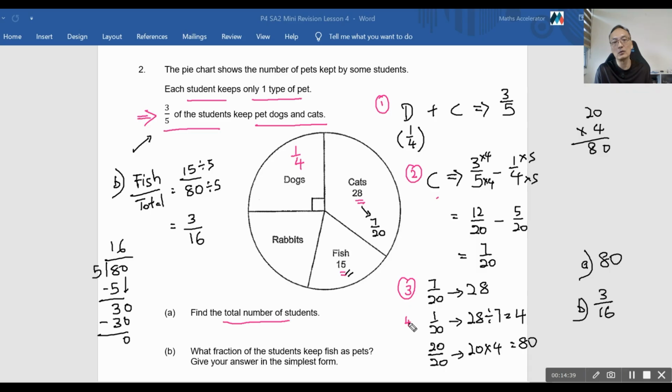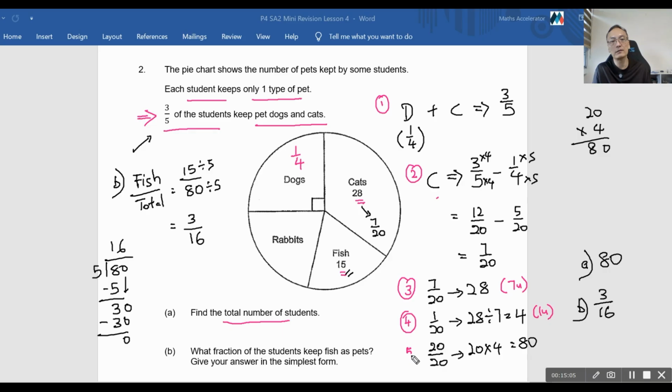Then we find out 1 over 20. Imagine the denominator is 20 units and the numerator represents 7 units. You can also write here that 7 units will give us 28. The next job is to find 1 unit, right? This is 1 unit. And we divide 28 by 7 and we arrive at 4.